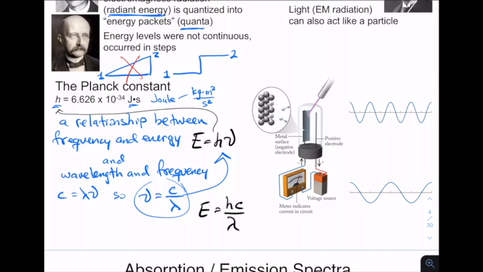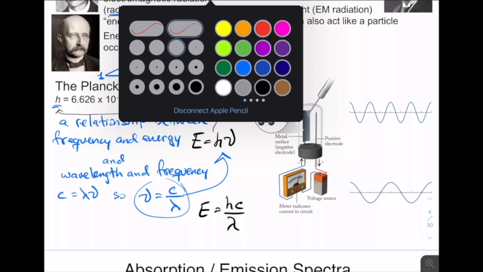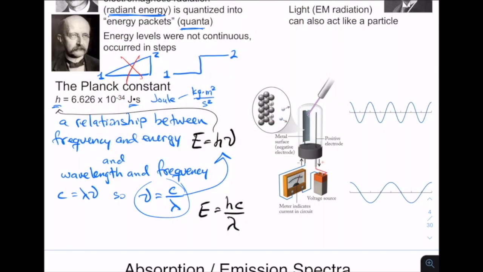And the reason this equation is very, very useful is that it relates something that we can see very, very easily. The wavelength, you can detect that very easily as, say, the color of light, if you're looking in the visual range, right?